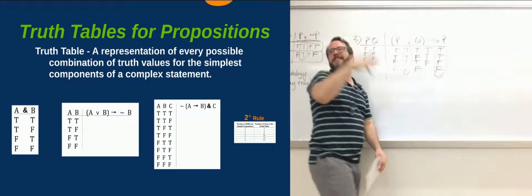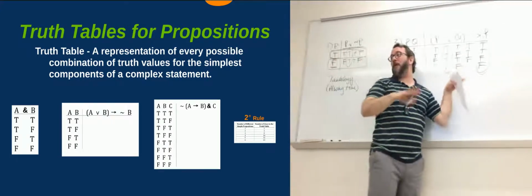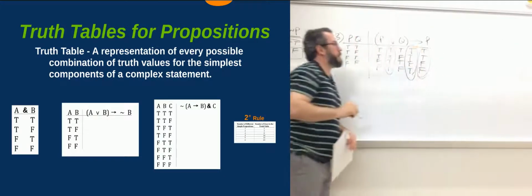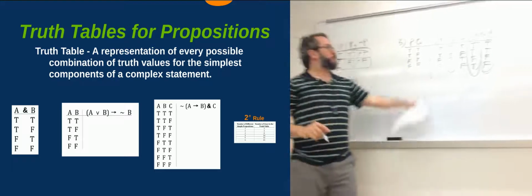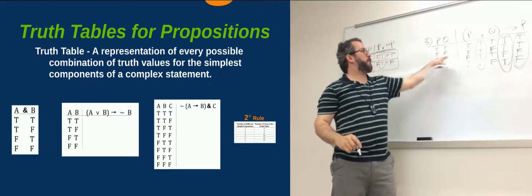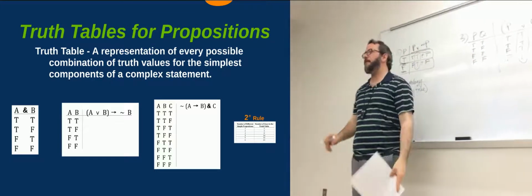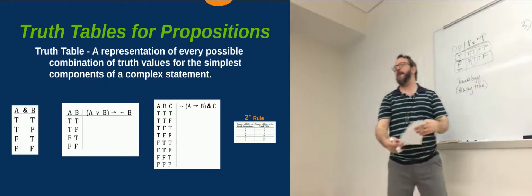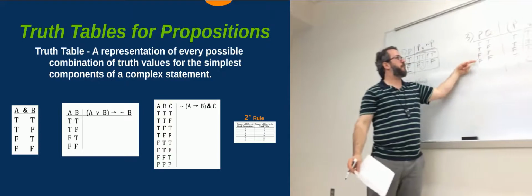If false, then false: I don't even have to know the then part. If false, it's going to be true. So this is the whole statement. It is true on line 1, true on line 2, false on line 3, and true on line 4.